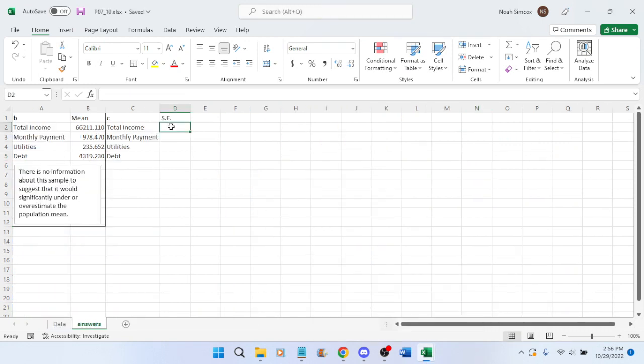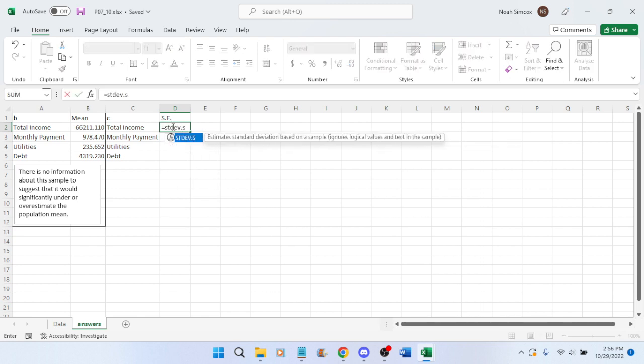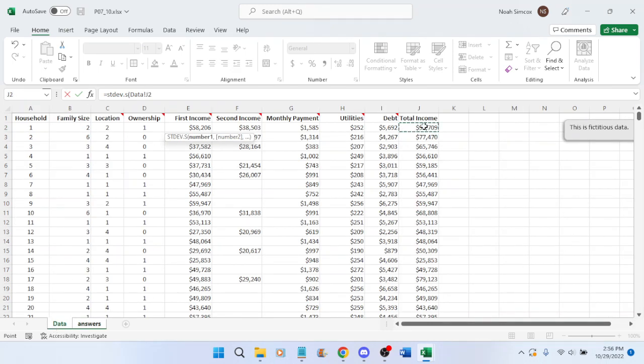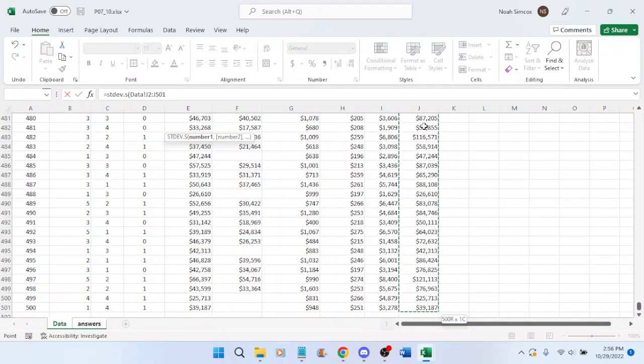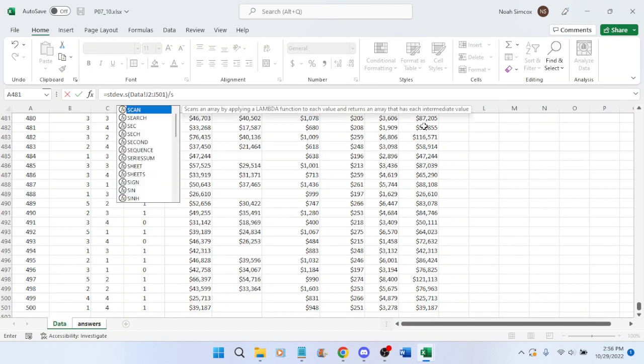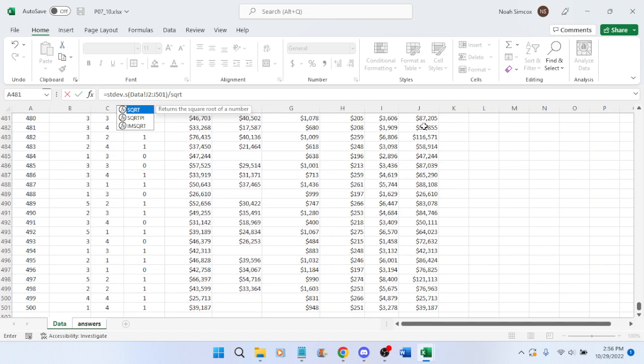So this is going to be equal to standard deviation dot S of total income, divided by the square root, right? It's square root of the number of the sample.